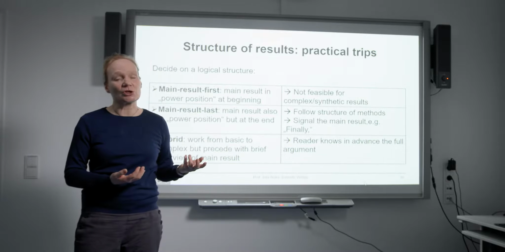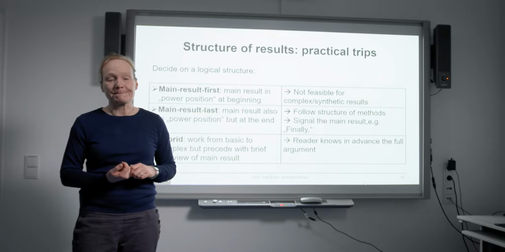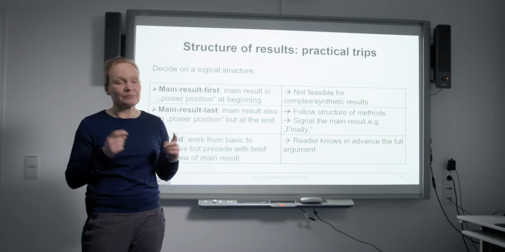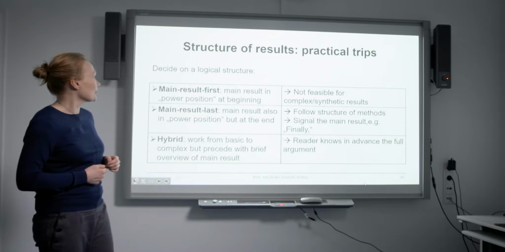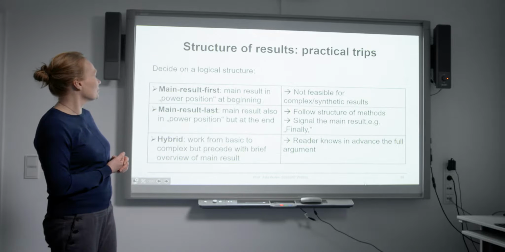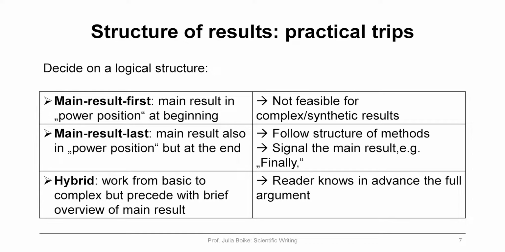For example, the Nature journal, the high impact journal, has very different expectations or guidelines compared to other more classical journals. But these are possibilities you can think about and decide on. You can put the main results first. This is the power position at the beginning. Or you can put the main result last, also a power position, but at the end.